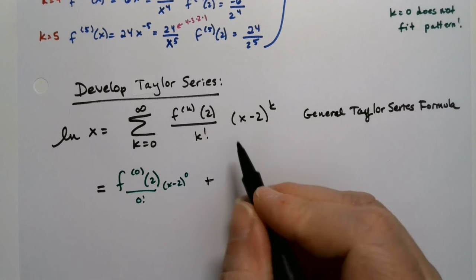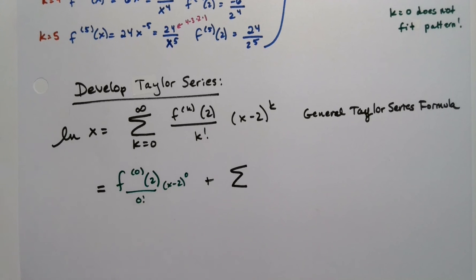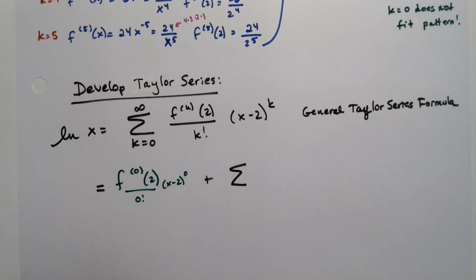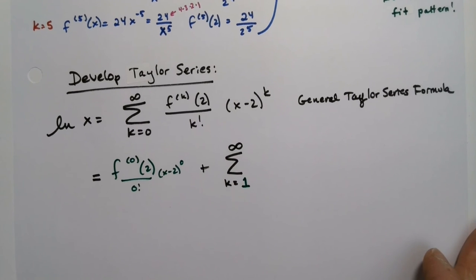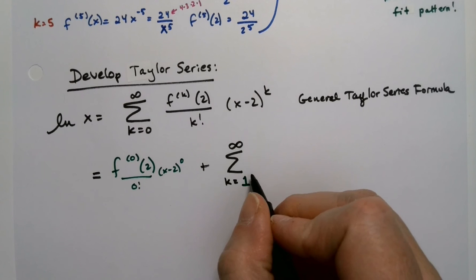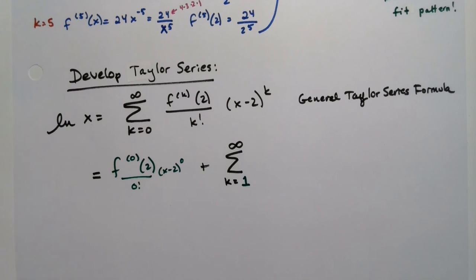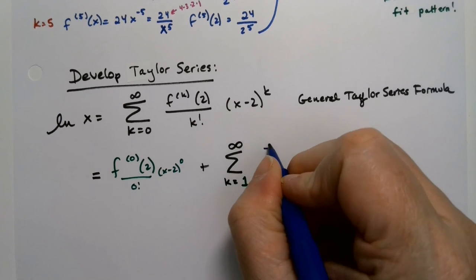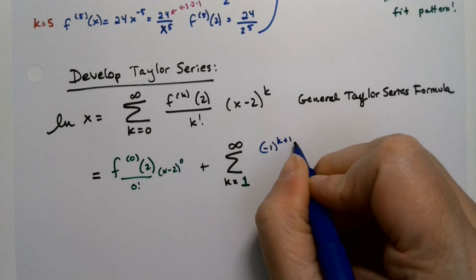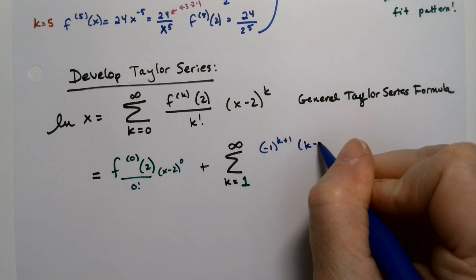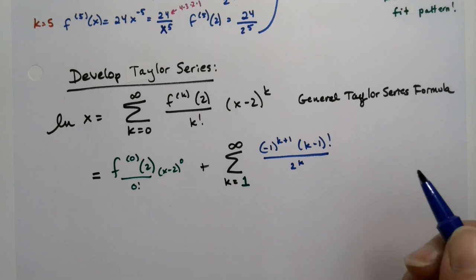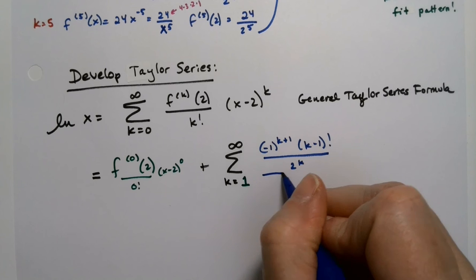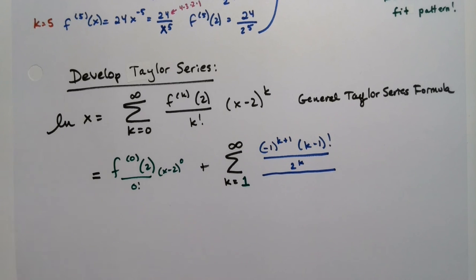And then what we're going to do is make an adjustment because the pattern we developed up above starts at k equals 1. So we're going to start it at 1 and go to infinity rather than 0 and go to infinity. So 1 to infinity, and then the pattern we developed was negative 1 to the k plus 1 times k minus 1 factorial divided by 2 to the k, and that all gets divided by k factorial in the formula.